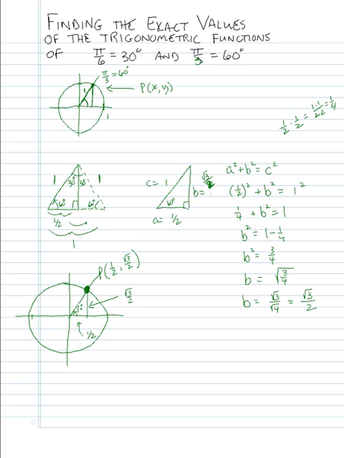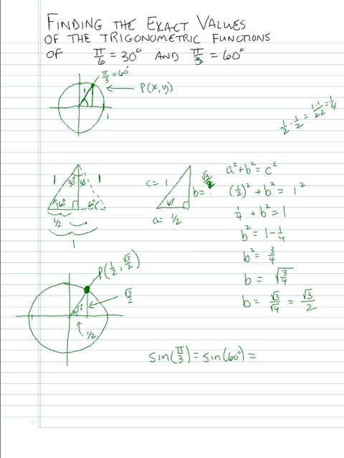So here's what we know then. Let's summarize this real quickly. The sine of 60 degrees is the same as the sine of pi/3, isn't it? Since those are the same, what is it?